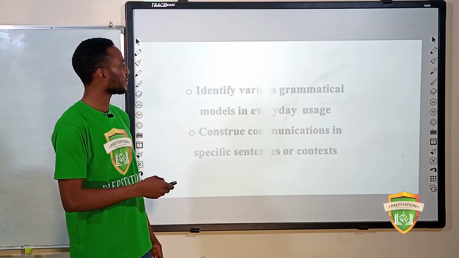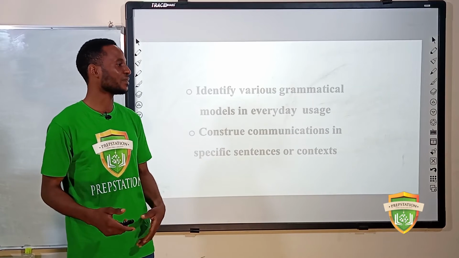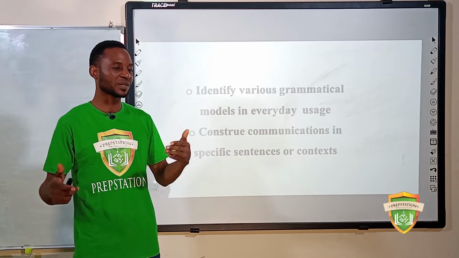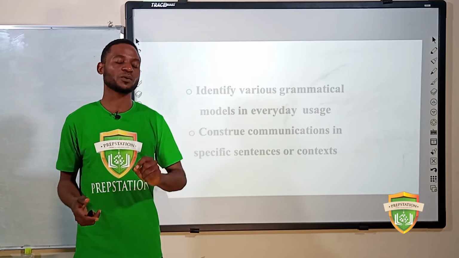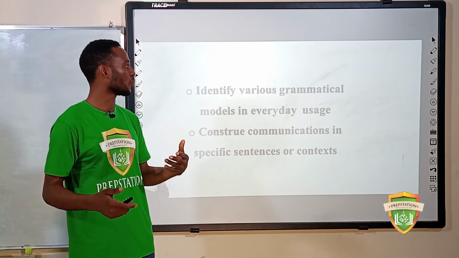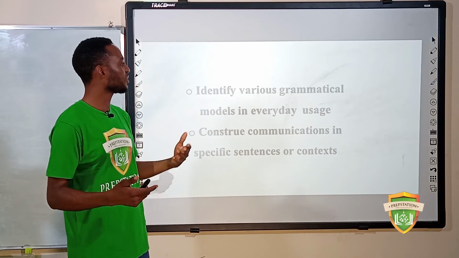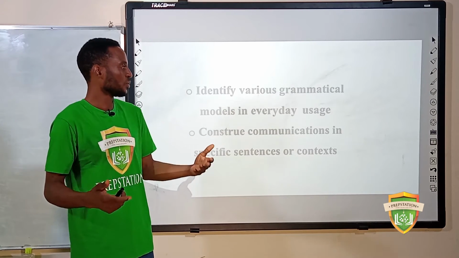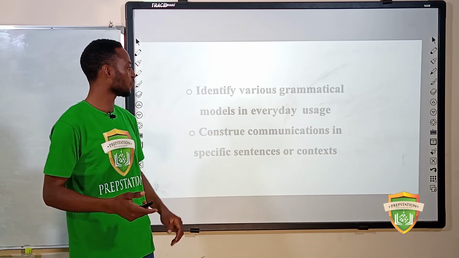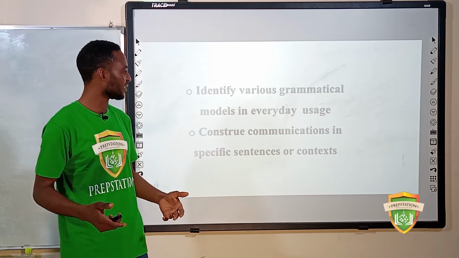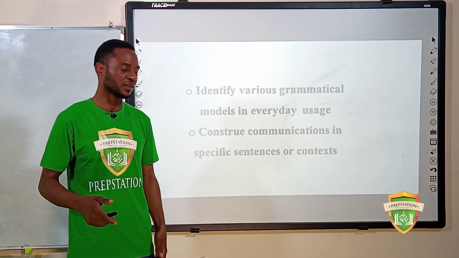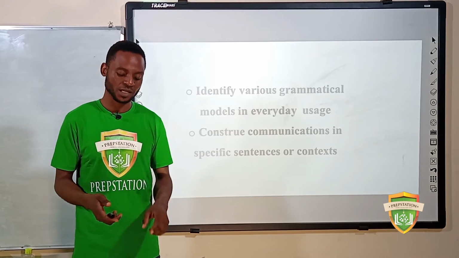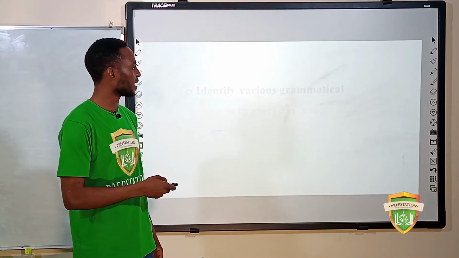Another thing you need to have at the back of your mind going into the exams is that there are some commonly used grammatical patterns that you should be aware of. You should try to understand them when you go into the exams, and you will be tested in those areas equally. And another thing is how to understand communication in specific contexts. So contextuality is key and is an aspect of your Use of English exams.